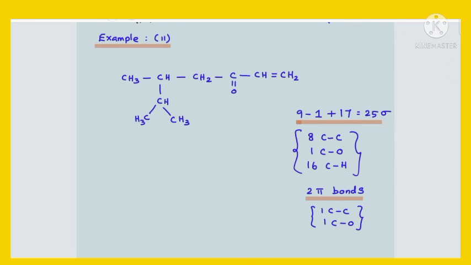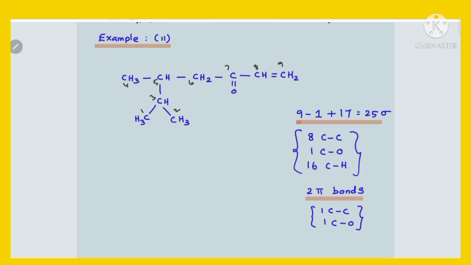Now this is an open chain compound, so to find out sigma bonds, you can use the formula that we discussed earlier. The number of sigma bonds is equal to the number of carbon atoms minus 1 plus the total number of other atoms. Now look at this molecule. See the carbon number: 1, 2, 3, 4, 5, 6, 7, 8, 9.